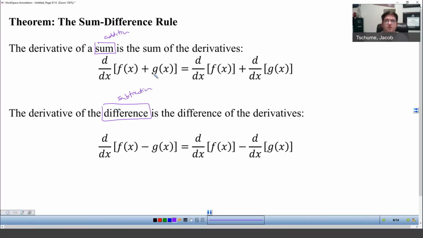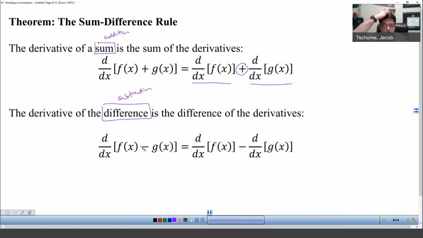So for notation purposes, if you want to take the derivative of f of x plus g of x, you will take the derivative of f, the derivative of g separately, and then you will re-add those derivatives together.